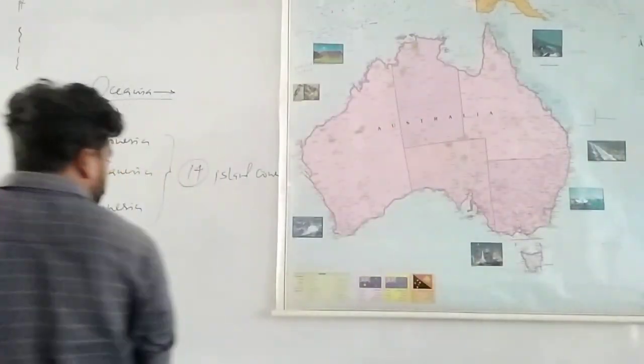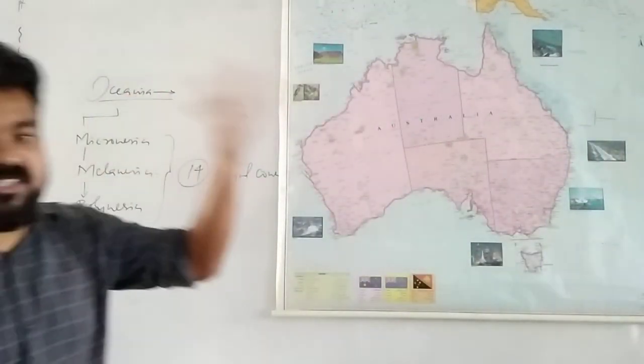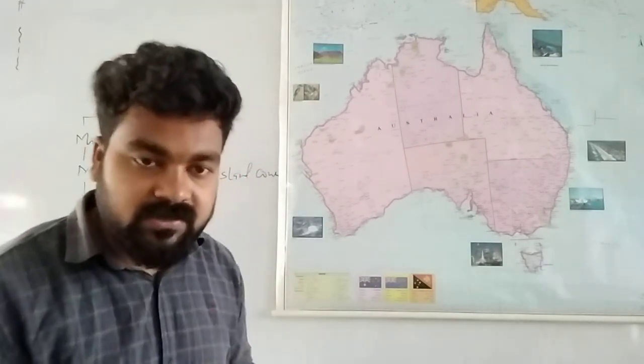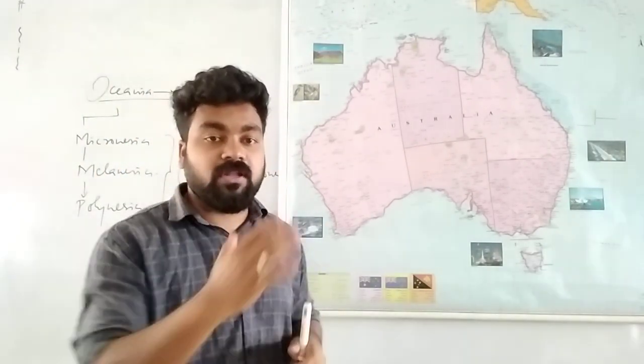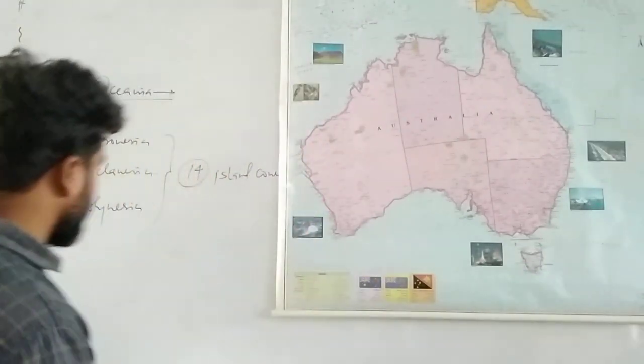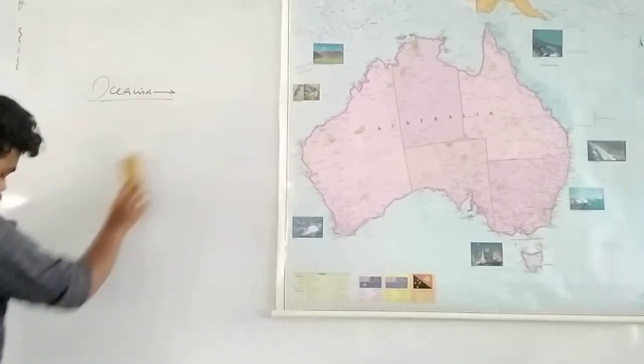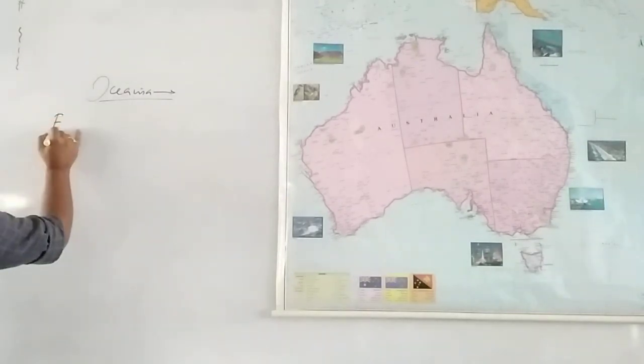So first we will see the extension. After that, what are the different seas and oceans surrounding Australia and Oceania, and the different Micronesia, Melanesia, Polynesia. Let's start with the extension. What is the extension?